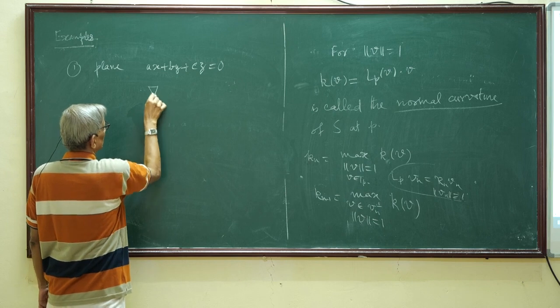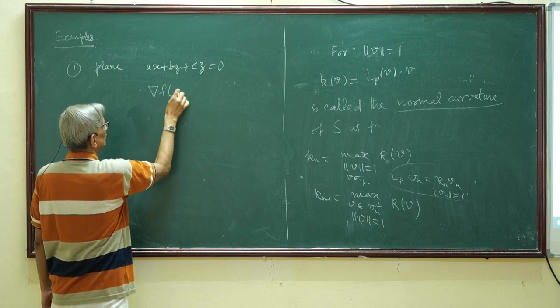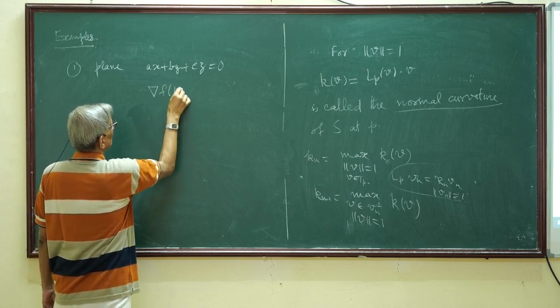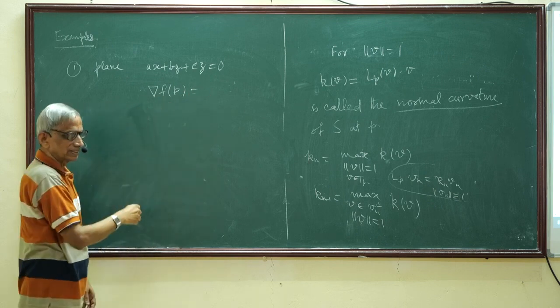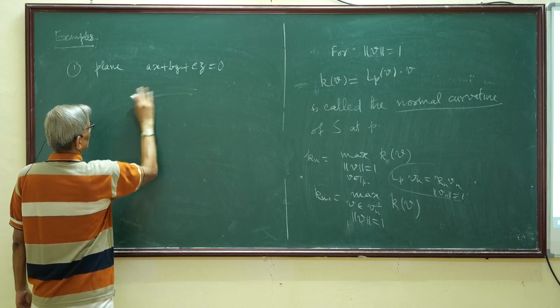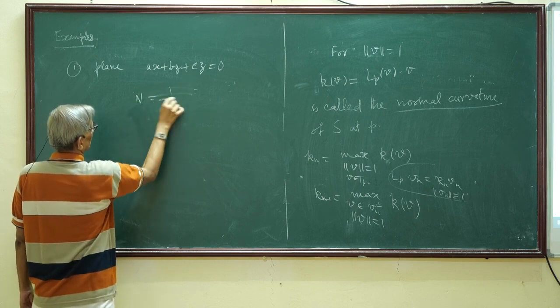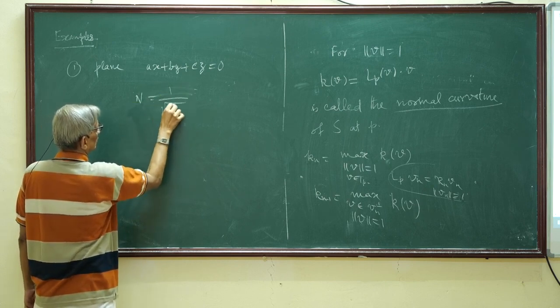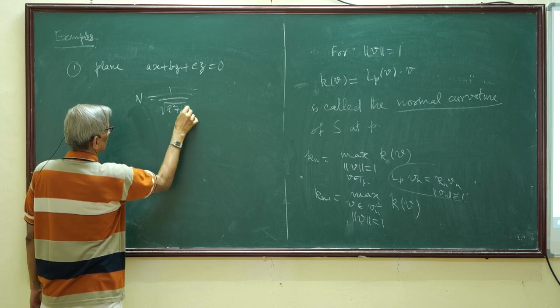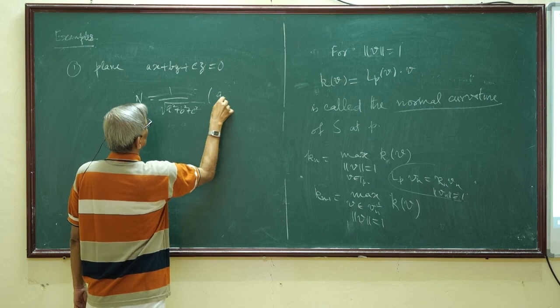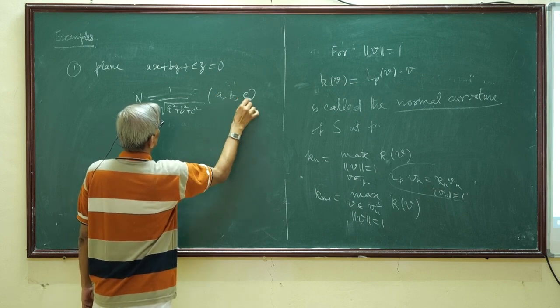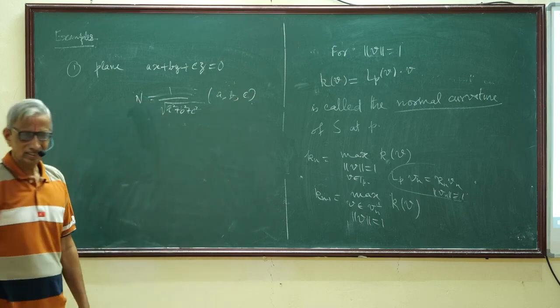You know what this is? You can write n itself, okay? So n itself is 1 over so on this we have done repeatedly.